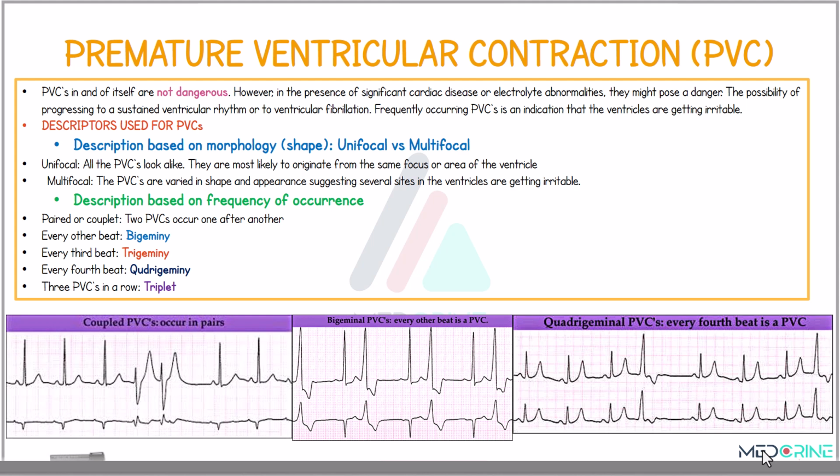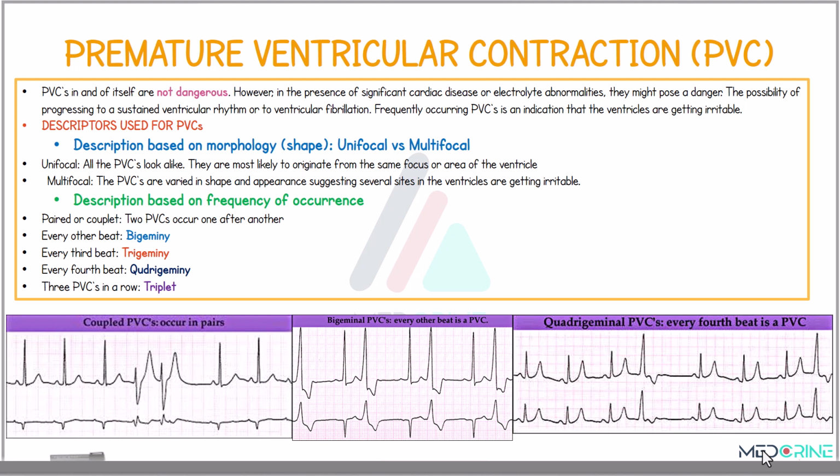The possibility of these PVCs to progress to a sustained ventricular rhythm or to ventricular fibrillation is quite high. Frequently occurring premature ventricular contractions are an indication that the ventricles are becoming irritable.